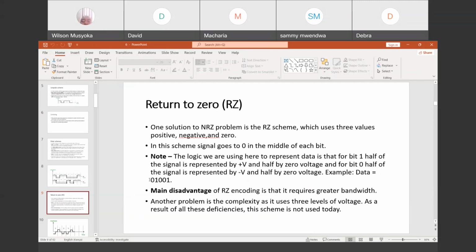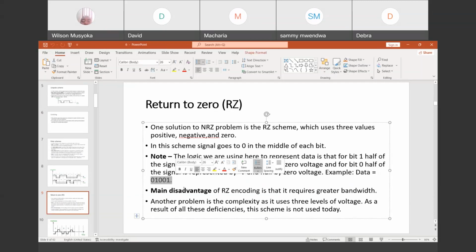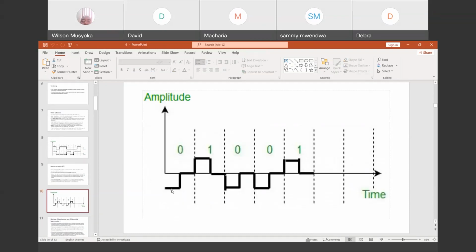So let's take this data which we are talking about. If it is a zero, we have said a zero is going to be on the negative side, a half of it, and then on the zero side, a half of it. Then a one is going to be on the positive side, a half of it, and on the zero side, a half of it. The same with another zero.